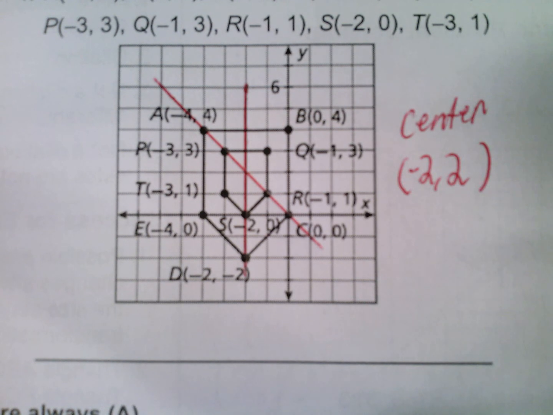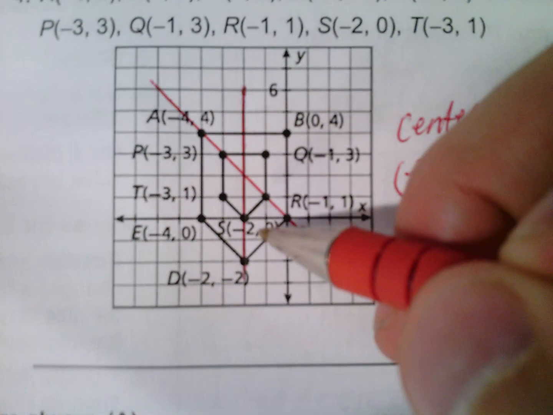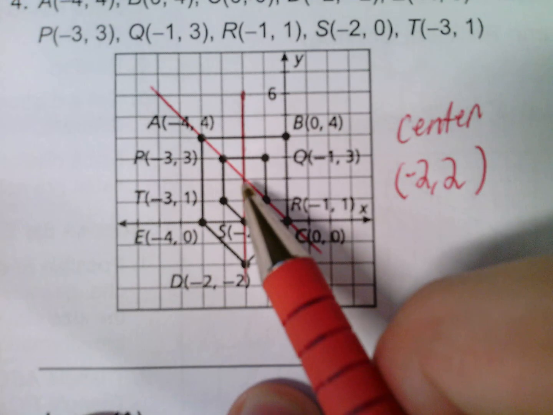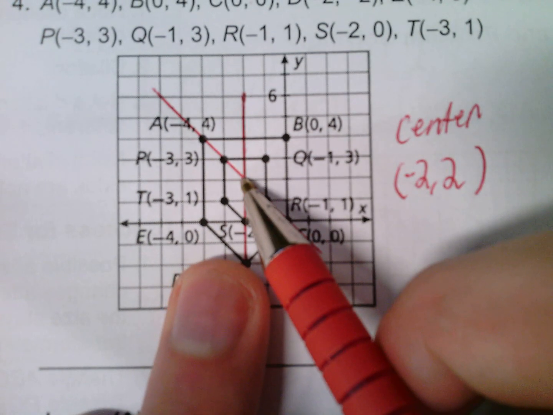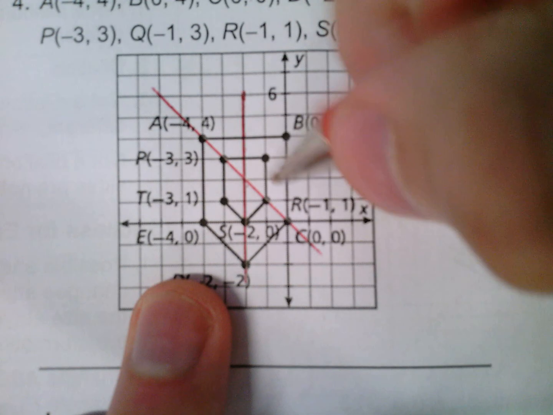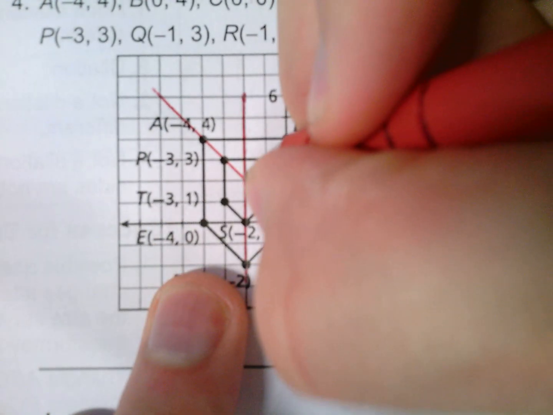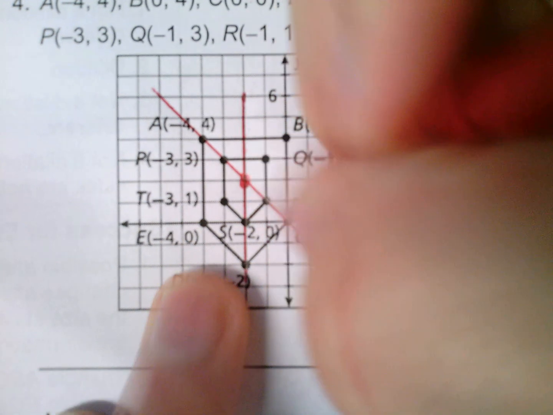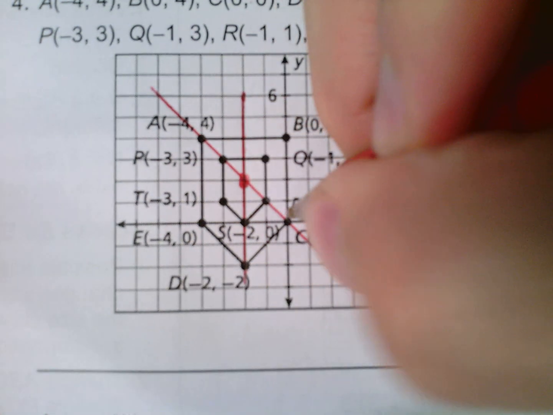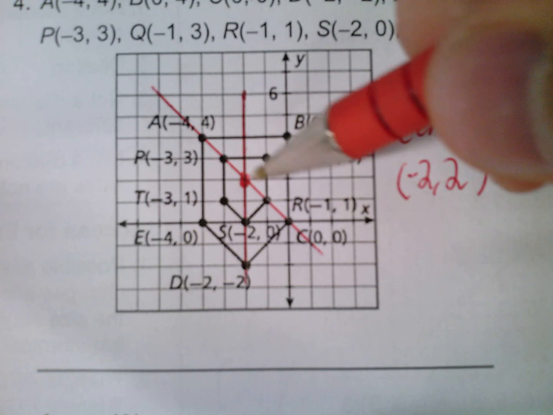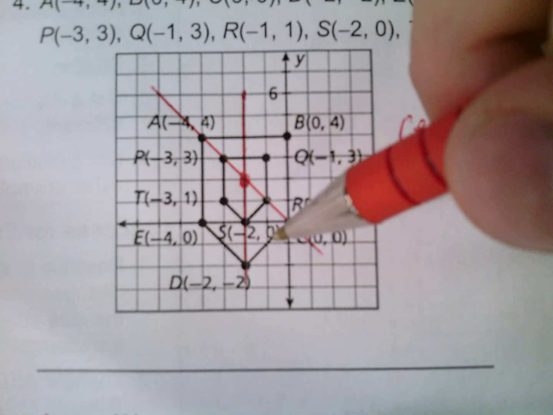What is my scale factor here? Caden, what do you think? 1/2. And let's look. If I looked at the distance here between these two, let's use the one I've got the line on. In order to get from my center to this point C, I would go down 1 over 1, down 1 over 1.